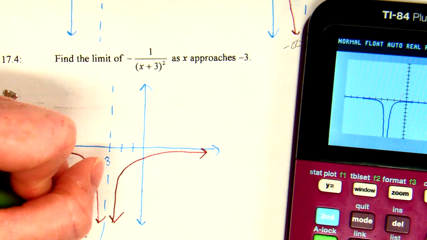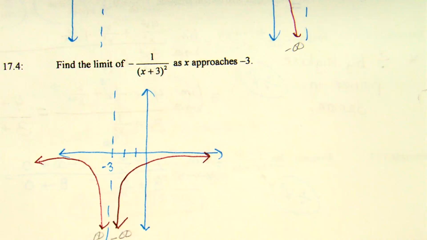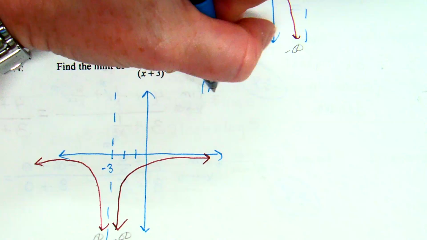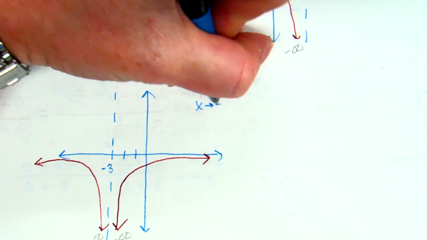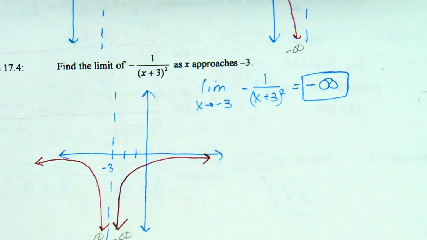It's going down to negative infinity. What's it doing as it approaches negative 3 from the right? Going down to negative infinity. So what do we know? Limit is negative infinity. So official notation would be the limit as x approaches negative 3 of negative 1 over x plus 3 squared equals negative infinity. That would be your official notation.